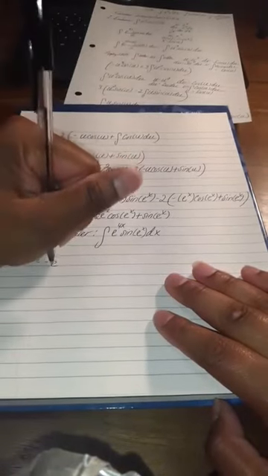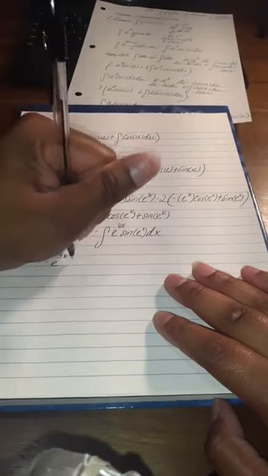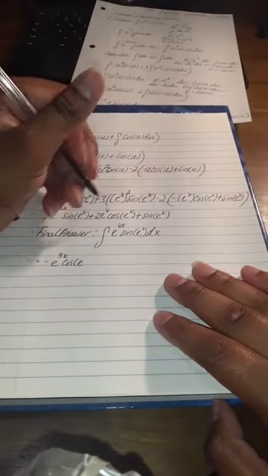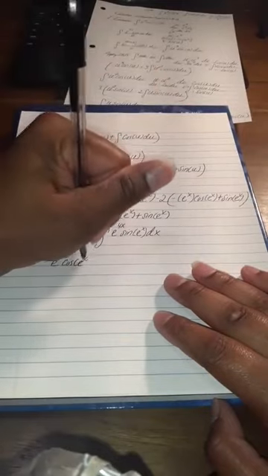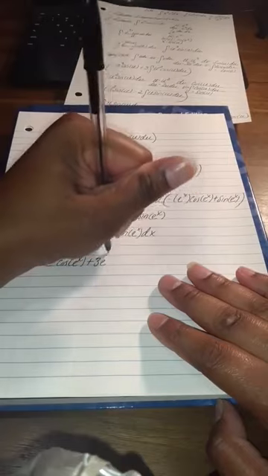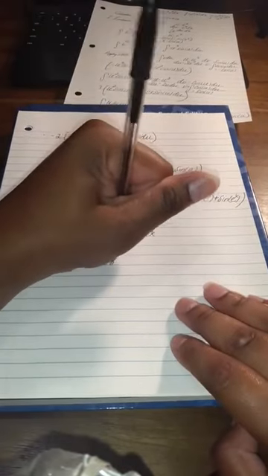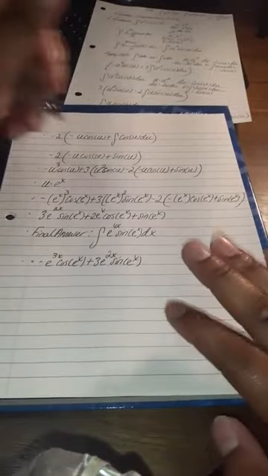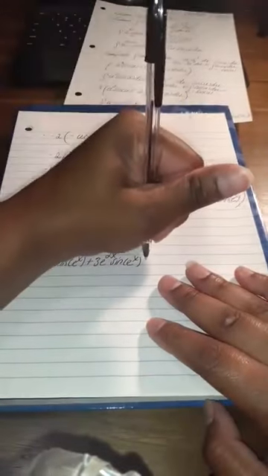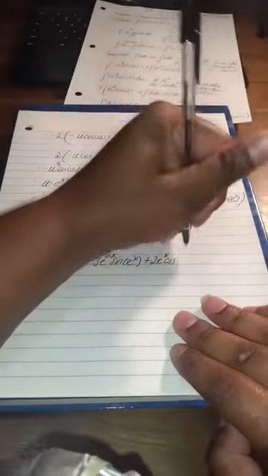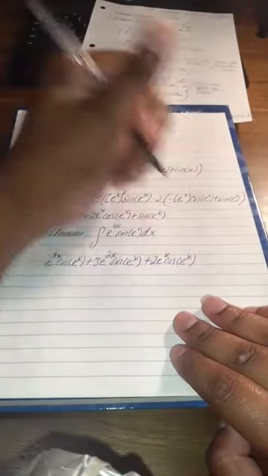It looks like we'll get negative e to the 3x cosine of e to the x plus 3e to the 2x sine of e to the x. This would be plus 2e to the x cosine of e to the x.